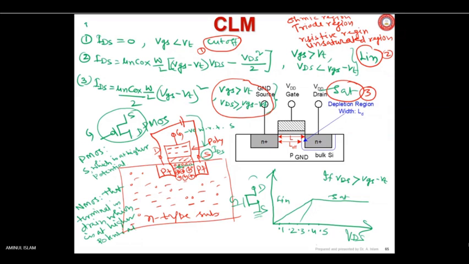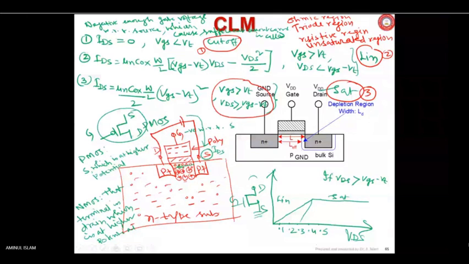Let me write it this way: the negative enough gate voltage with respect to source which causes a sufficient amount of current to flow from drain to source is called what?